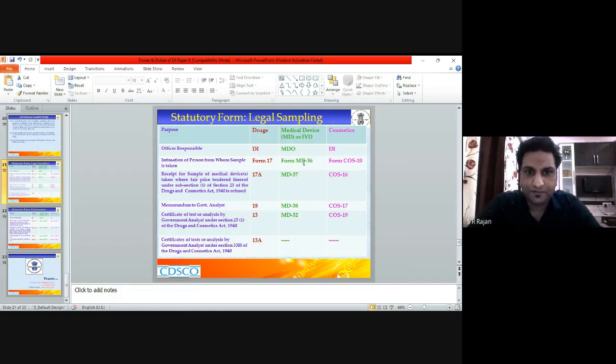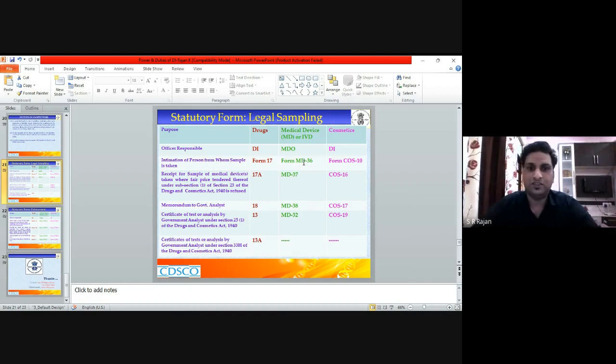Further, if the person refuses to take the fair price of the sample taken by the inspector, then he has to give the receipt of the sample as Form 17A in case of drugs. In case of medical devices, the form is MD37, and for a cosmetic sample, it is Form COS 16.